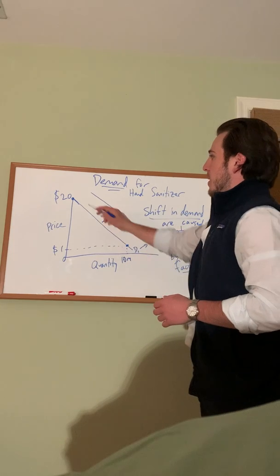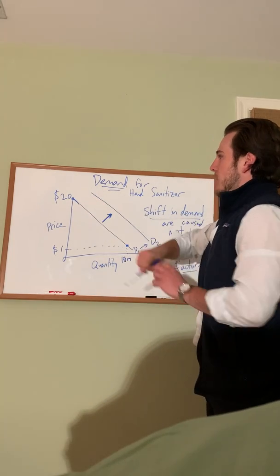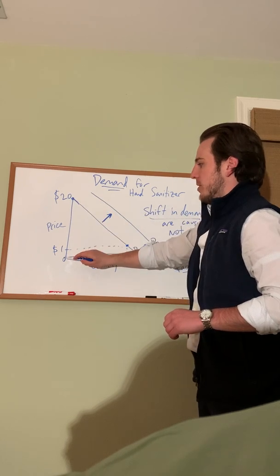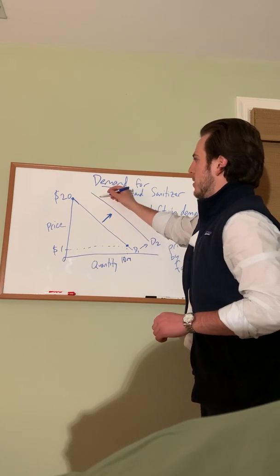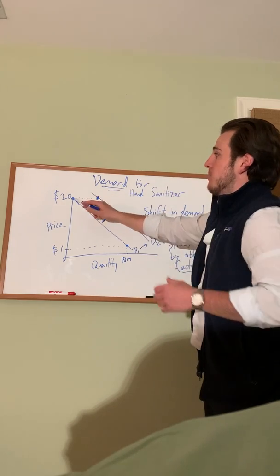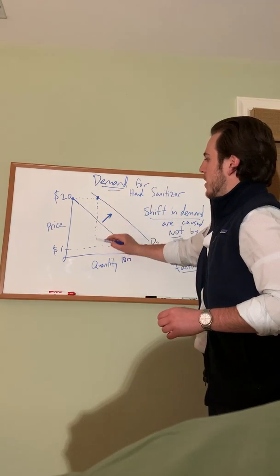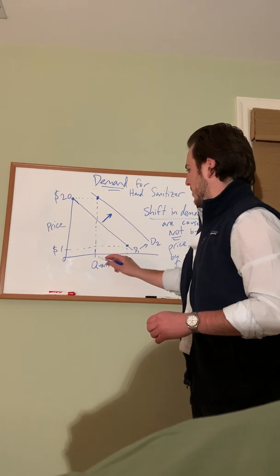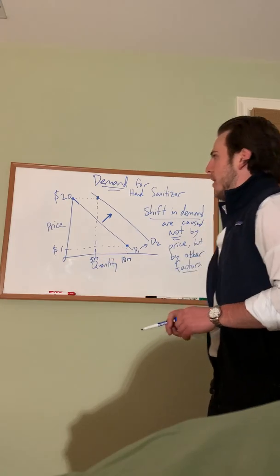And so now, if somebody tried selling your hand sanitizer for $20, which used to warrant 0 buyers, now that's no longer the case. You can now sell hand sanitizer for $20 and have many buyers, right? Maybe if this was 10 million, maybe you have 5 million buyers at $20 per bottle.